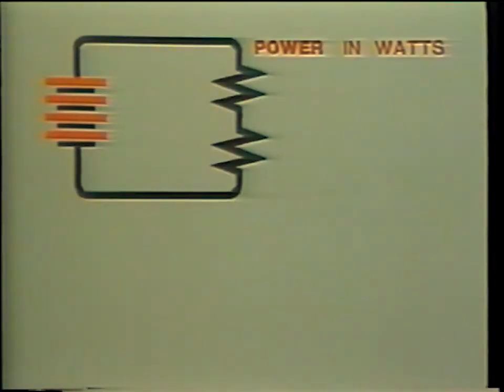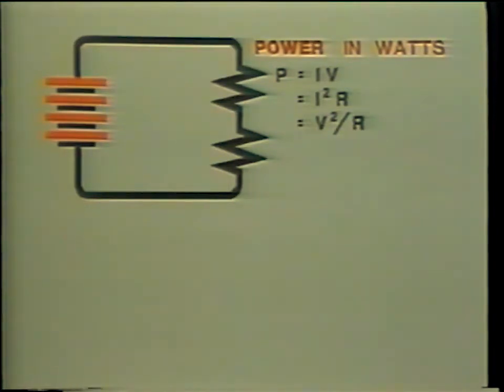Power in watts can be calculated using the following formulas. Power equals current times voltage. Power equals current squared times resistance. Or power equals voltage squared divided by resistance.